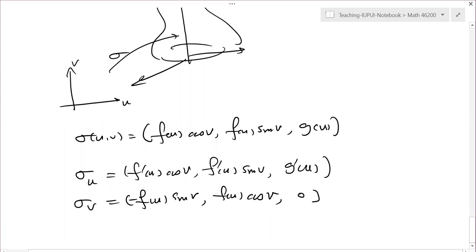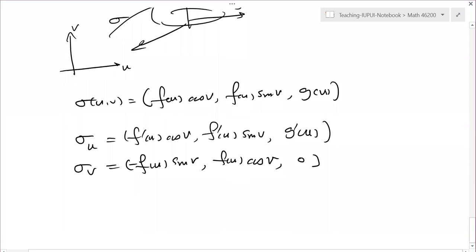Then you calculate the E, F, G. So the dot product, I find cosine v, sine v, sine v, cosine v, and then there is a negative sign, so it's 0.